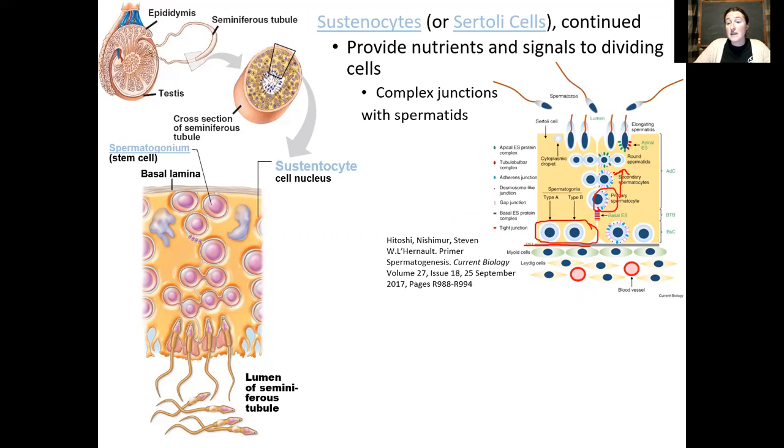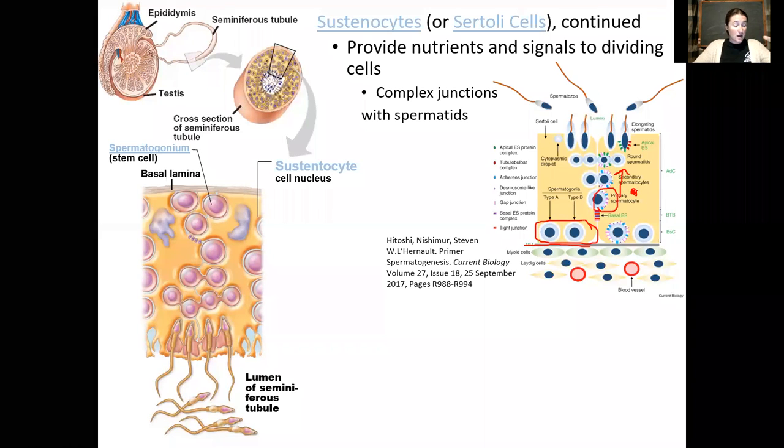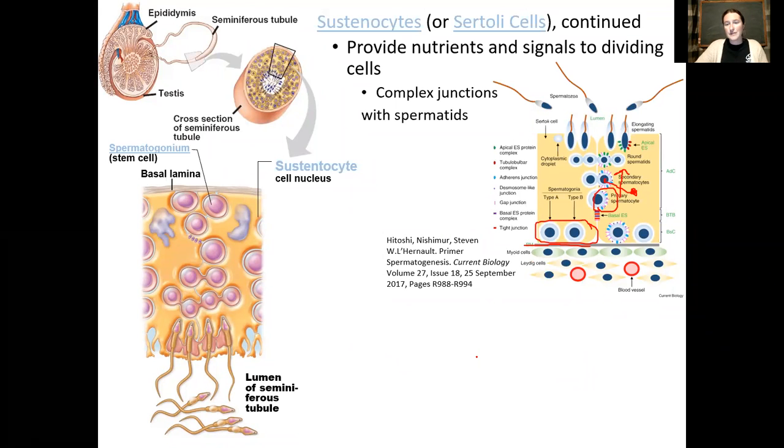And so the nurse cells can actually take sugar and such from inside them, which they have, of course, converted into ATP and whatnot, and they can literally feed the developing spermatocytes. Okay. Also different types of signals, right? So ABP, for example, is triggering the further division of these different cells.